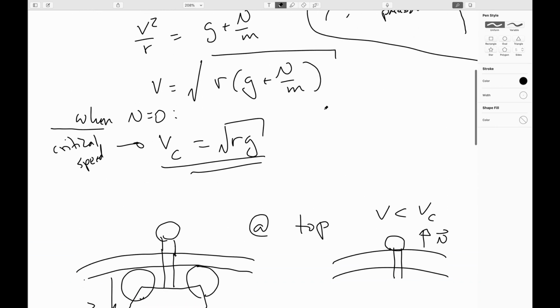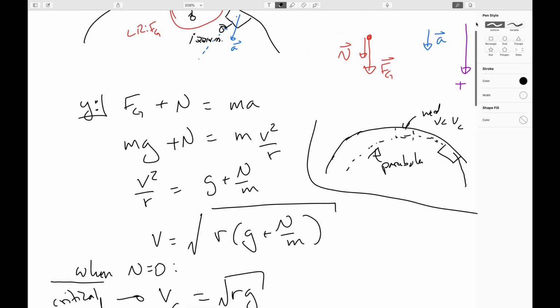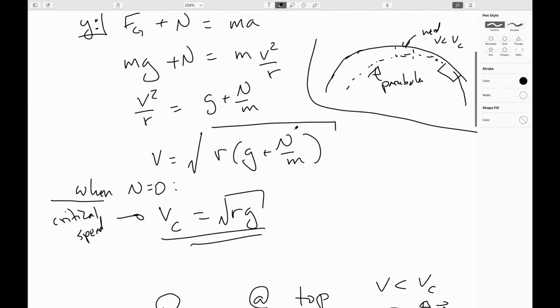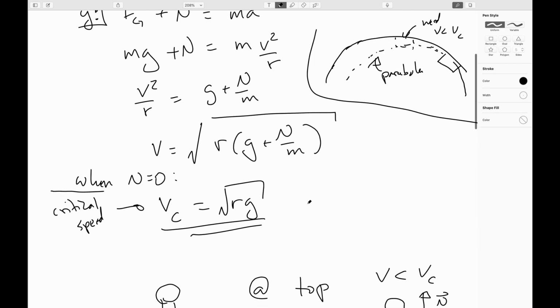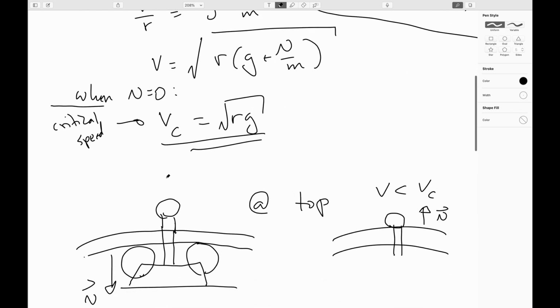That way, because we said down is positive, you can get a negative normal force. This is done just in case something horrible happens, and they have to hit the emergency brake on the roller coaster, and it doesn't have enough speed to get around the top of the loop-de-loop. These emergency wheels will do the trick.